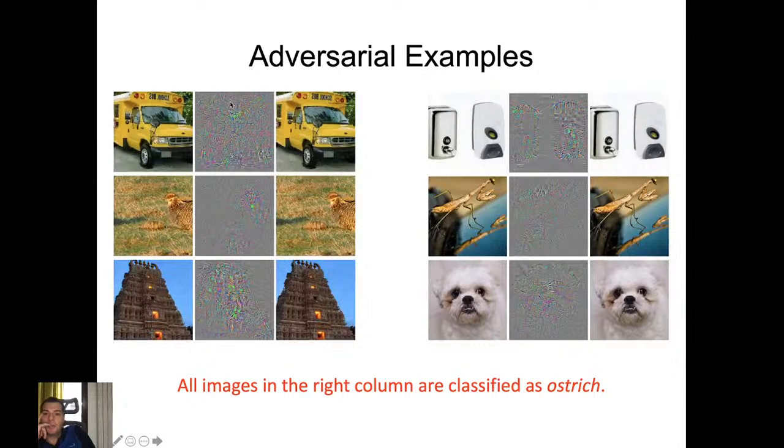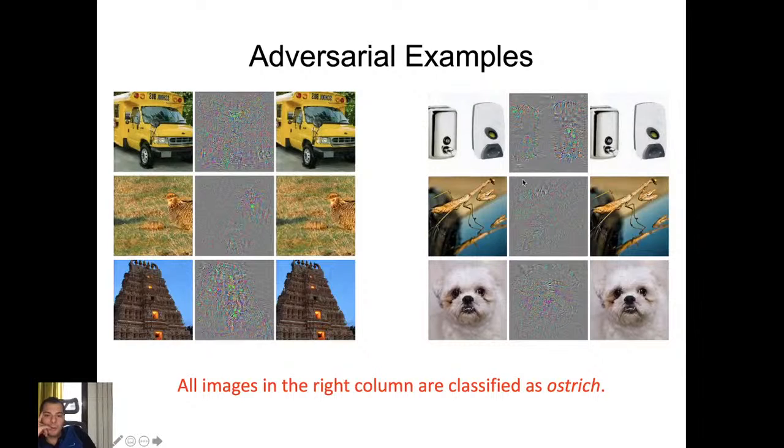And here you see the difference maps and the resulting images. Visually, you will see that these images are the same. Here the target label was set to ostrich, so all these images are classified as ostrich. Here we have a bus, a bird, some sort of tower or monument, a dog, an insect, a soap dispenser, and so on.